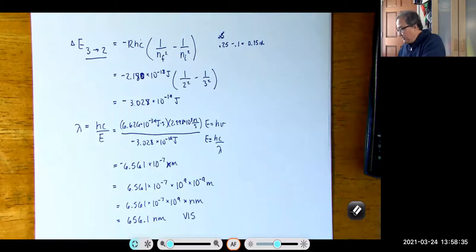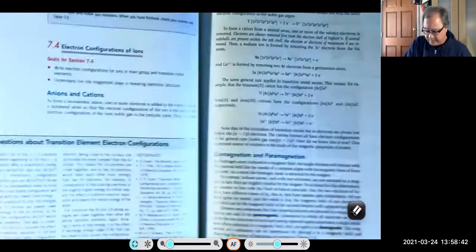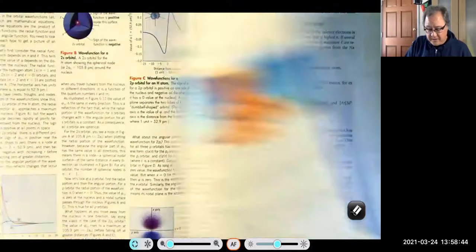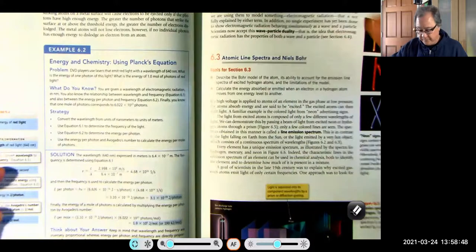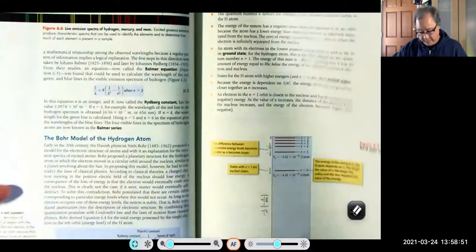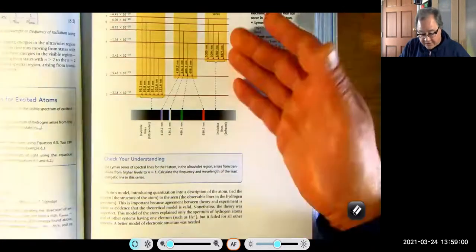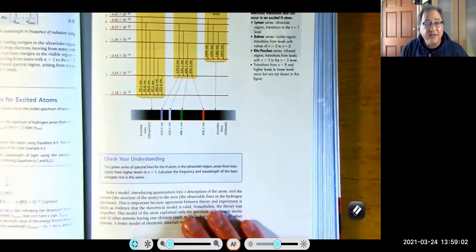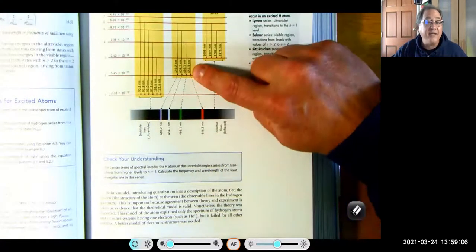Now, let me show you something from the book. Okay, so this is from the book. I don't think these colors are necessarily correct, but do you see here this 656.3?